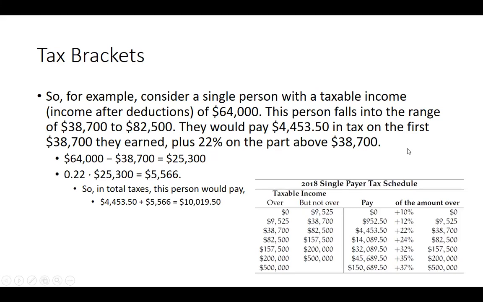So let's look at this one more time. Let's consider a single person with a taxable income of $64,000. This person falls into the range of 38,700 to 82,500, which would be the 22% tax bracket.